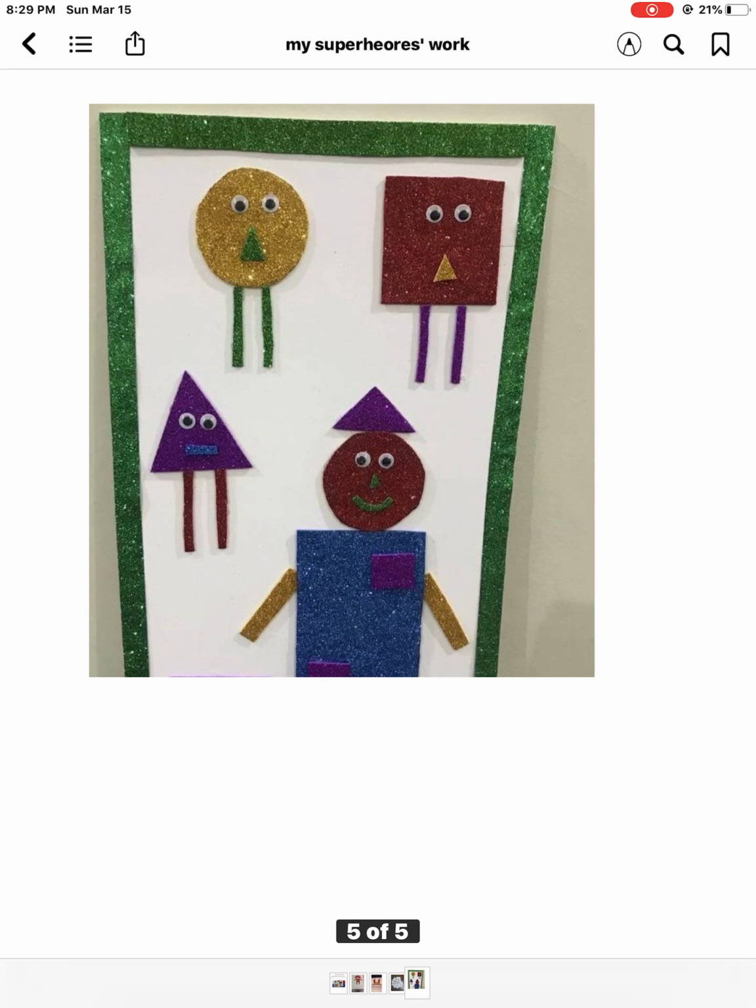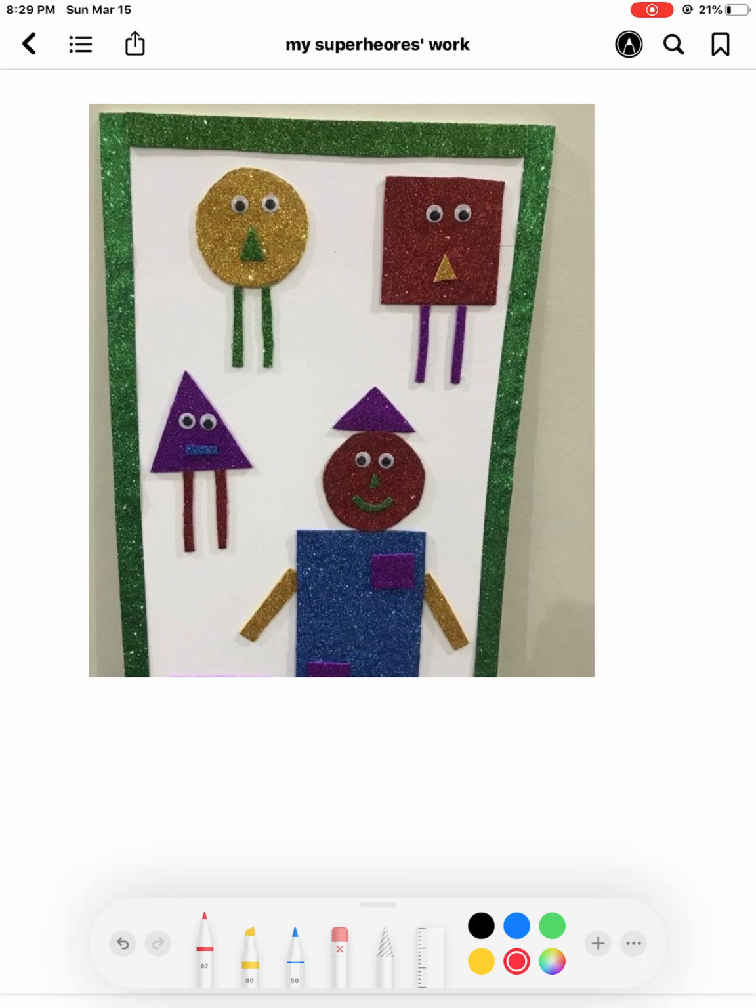Now the next superhero is Zaid. Zaid created many lovely shapes. Let's check together. He used squares, triangles, like you can see here, here, and here.